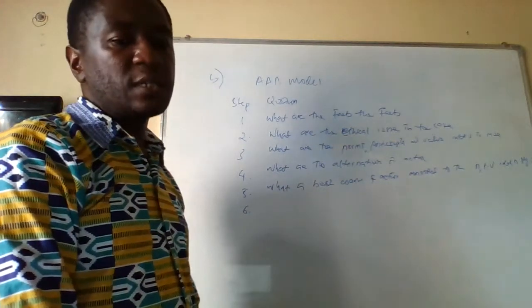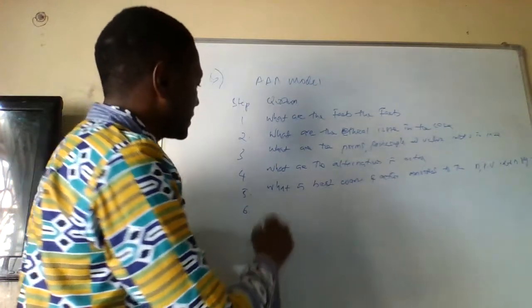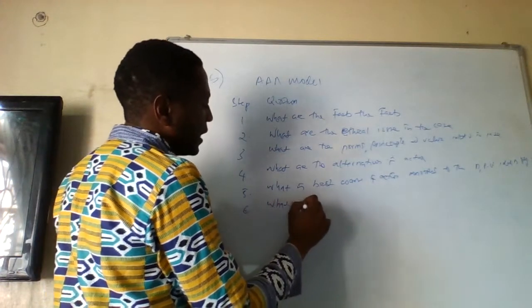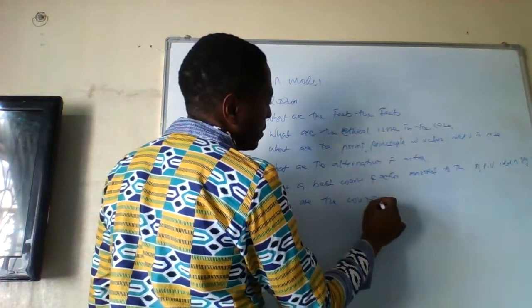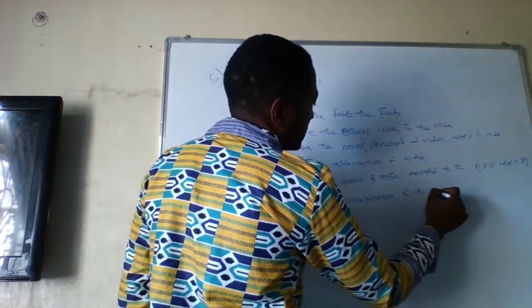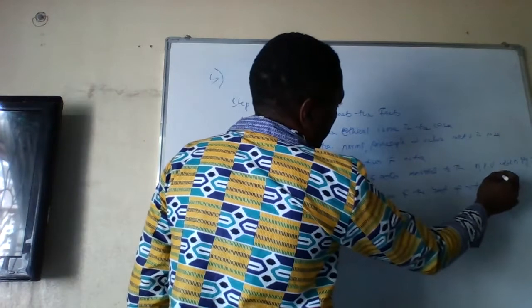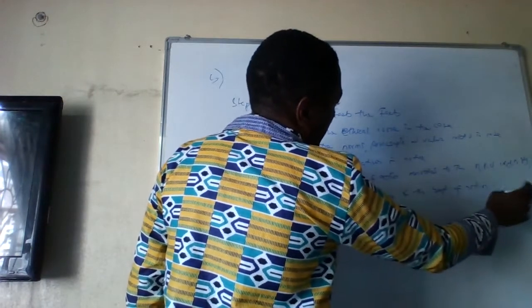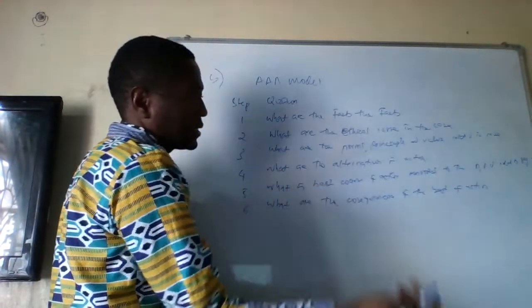Step 6, you can say, what are the consequences of the best course of action? Okay, so you can have 1 there, maybe reject, 2 accept. What's the best? Maybe you need to reject.